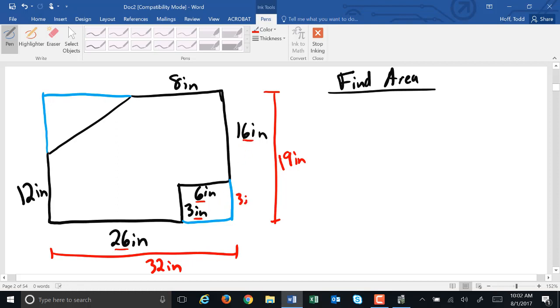Because this has to be 3 inches, this would have to be the 6 inches, right? Well, if this is a rectangle here, the opposite sides have to be equal. So if this side is 6, this side is 6. If this side is 3, this side is 3.